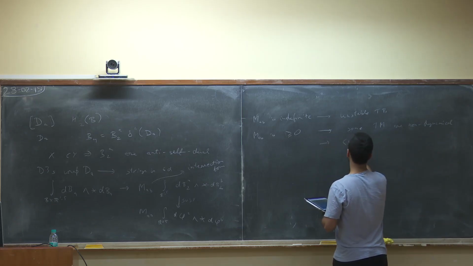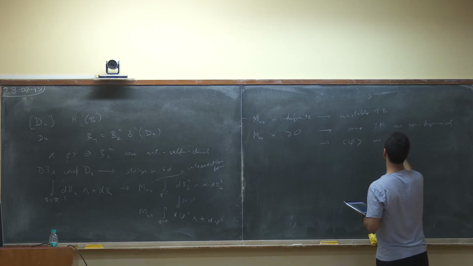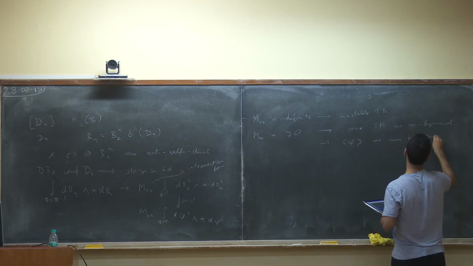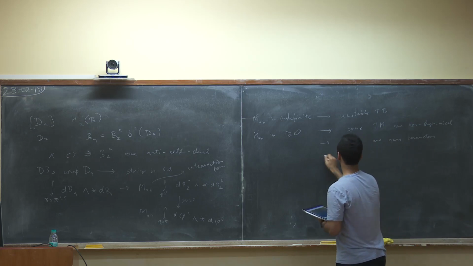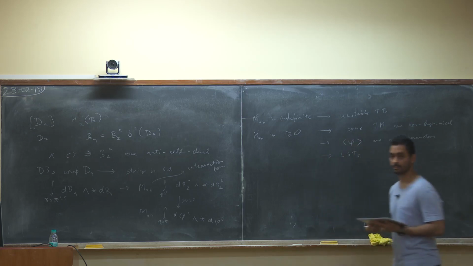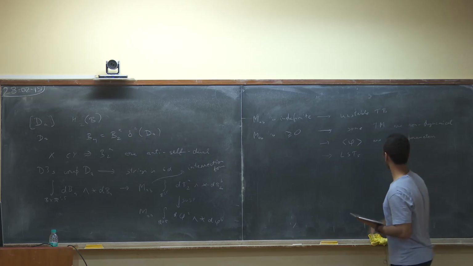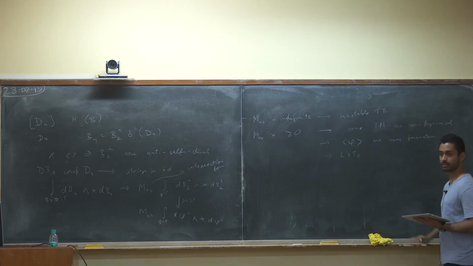As a consequence, the vevs for these tensor multiplets are going to be mass parameters for your theory. And so you expect that these theories are actually little string theories because they have mass parameters. And notice that till now there is no restriction on how many mass parameters you have.